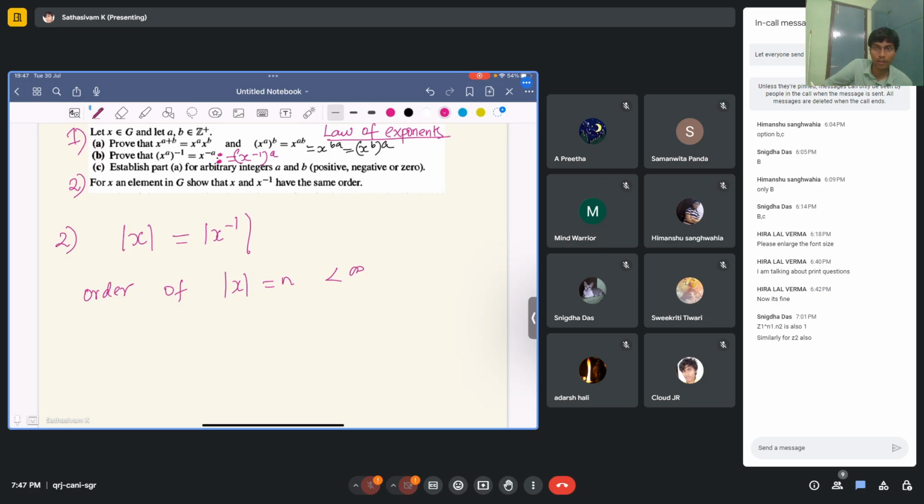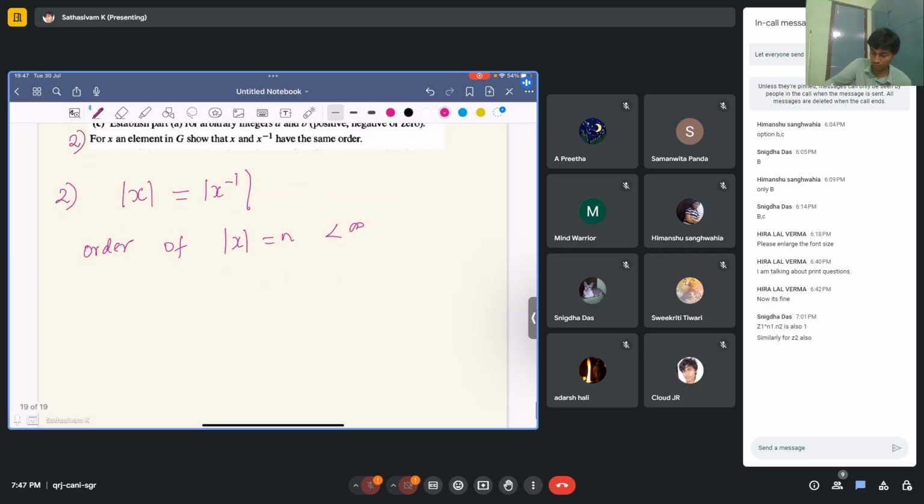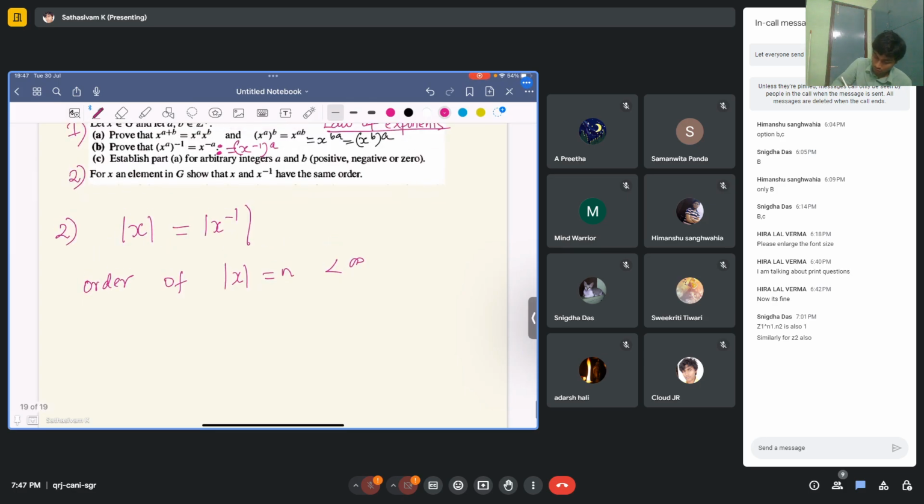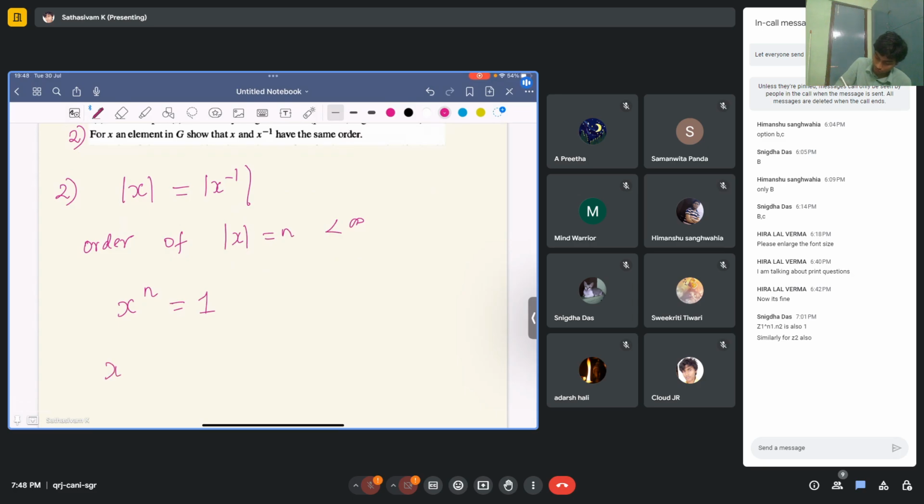If you have any idea, you can tell, otherwise I will give the proof. What I know is the order is n, so x power n is equal to 1, right? Now I want to find the order of x power minus 1. Let's look at x power minus 1, power n.